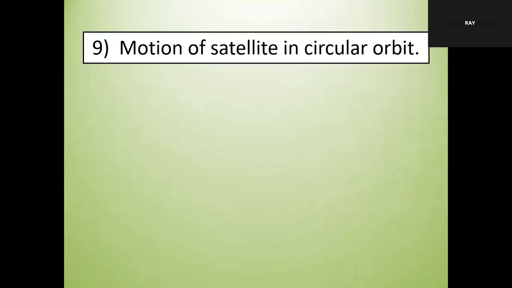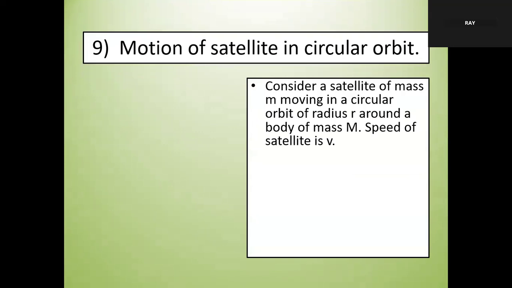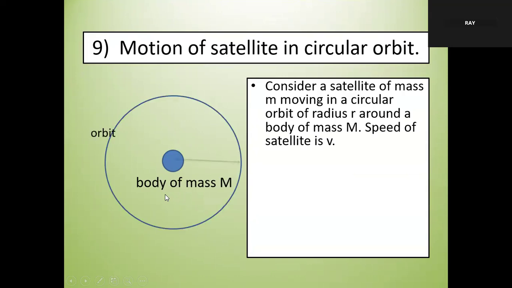Okay, motion of satellite in circular orbit. We can consider this is your Earth, a body of mass capital M. This is the orbit of the satellite, radius of the orbit is r, mass of satellite is m. One can think of this as the Earth and this as an artificial satellite, or one can think of a moon also, not different.